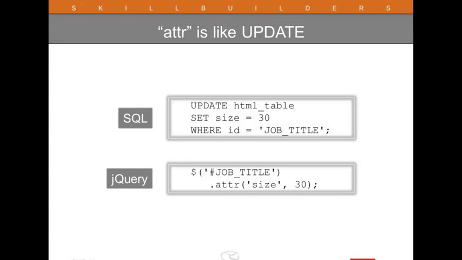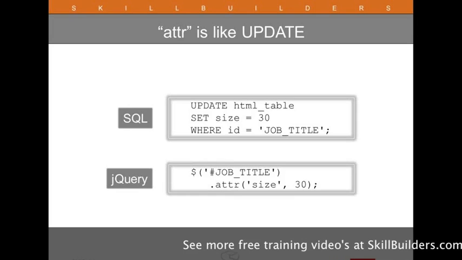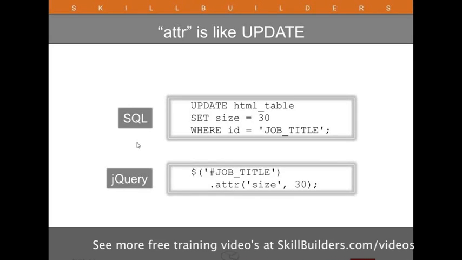And we're targeting one row because, of course, we're referencing ID. In jQuery, we already know the selector for IDs, and we're targeting the job title and using attribute, this time passing in 2 parameters. When you pass in a single parameter, it returns the value of that particular attribute. In this case, 2 parameters, we're setting the value.